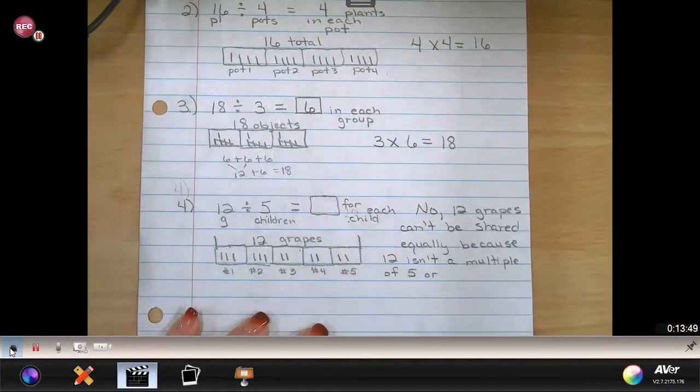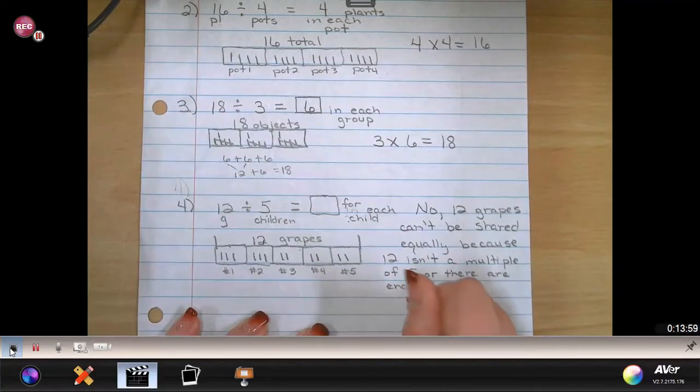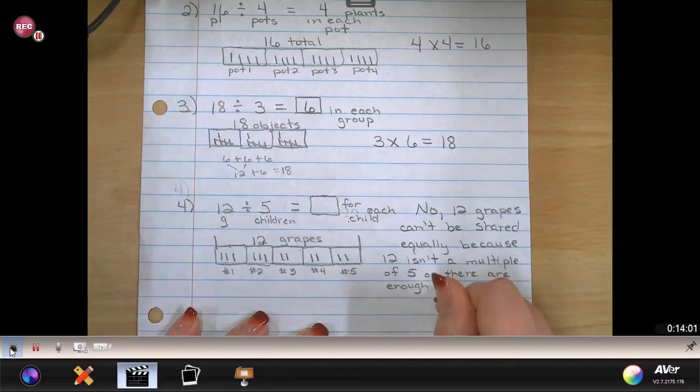Or we can say there aren't enough to share equally.